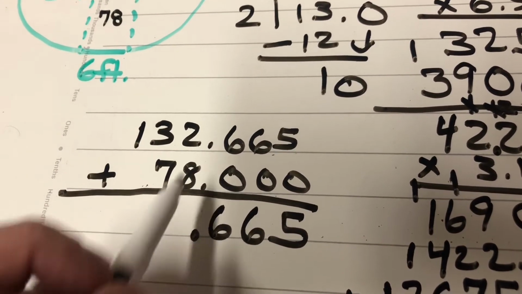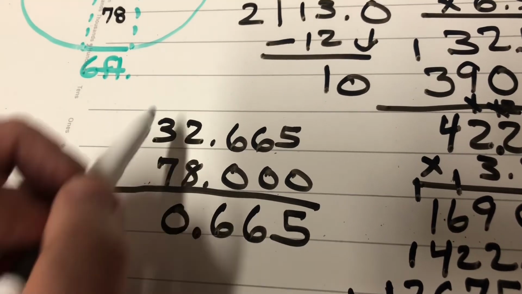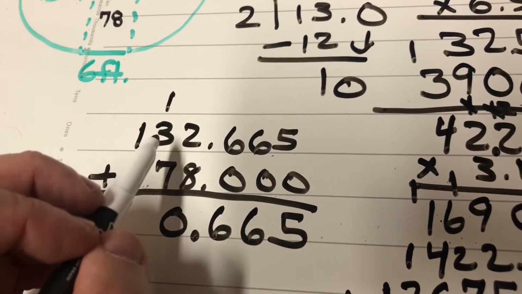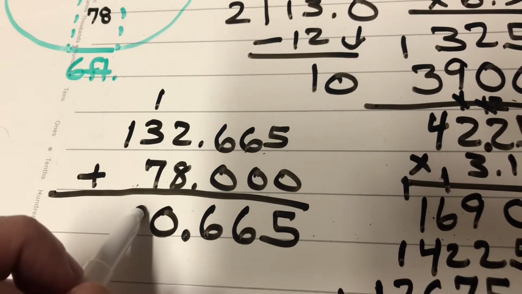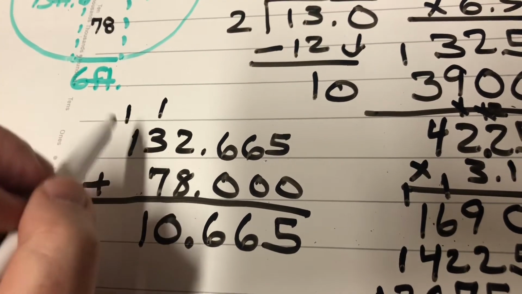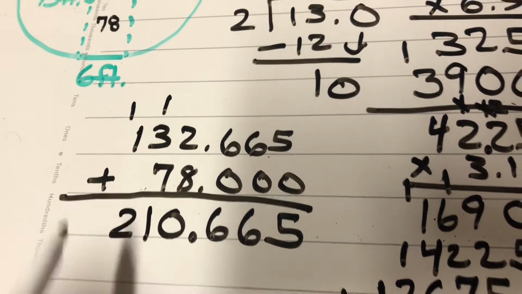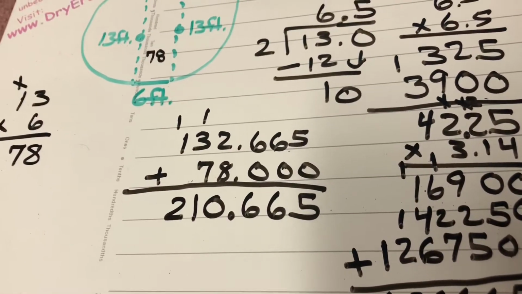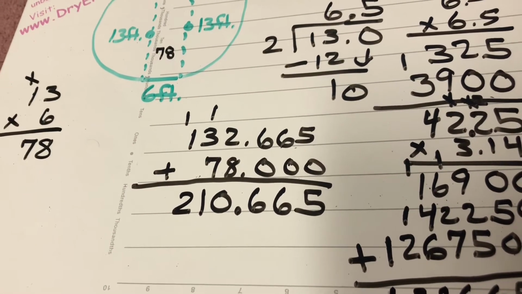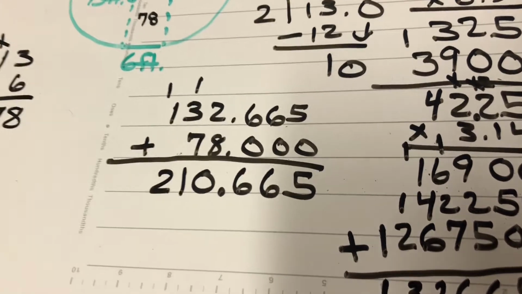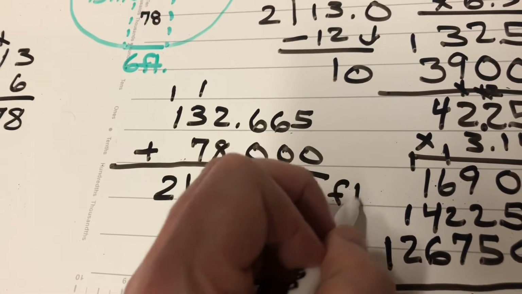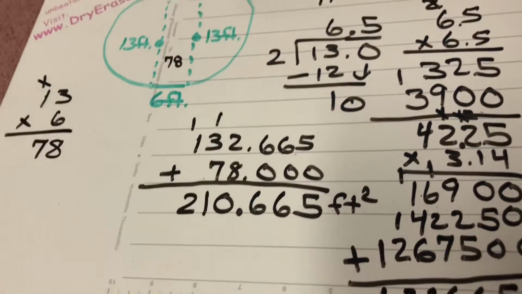Drop the decimal. 2 plus 8 is 10. Put the 0 down, carry the 1. 1 plus 3 is 4, plus 7 is 11. Put the 1 down, carry the 1. 1 plus 1 is 2. 210 and 665 thousandths feet squared. Now that's for the area.